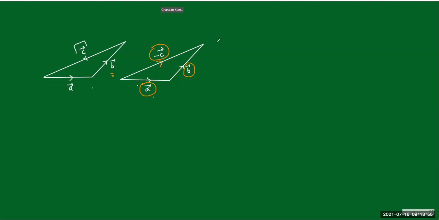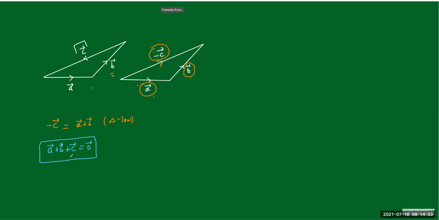Yes or no? So can we write minus C is nothing but A plus B? That's the triangle law. Yes, sir. And therefore, can we write A plus B, bringing C on the same side, so all three vectors add up to 0.